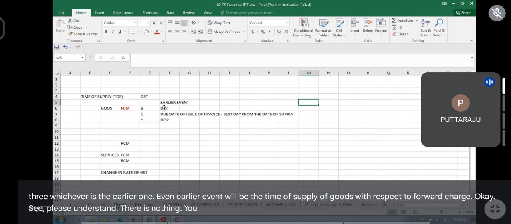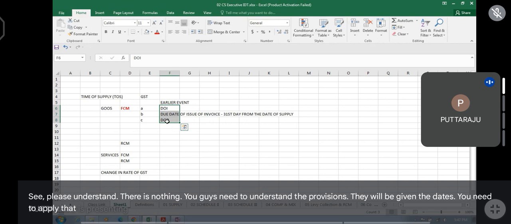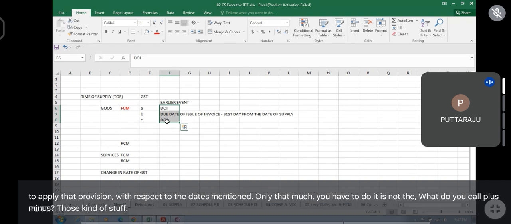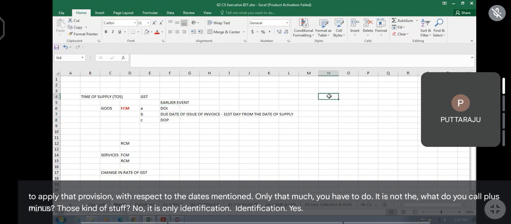You guys need to understand the provisions. They will be given the dates. You need to apply that provision with respect to the dates mentioned. Only that much you have to do. It is not the plus minus, those kind of stuffs. No. It is only identification.